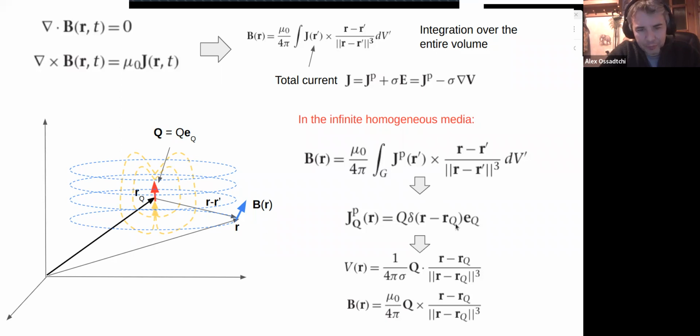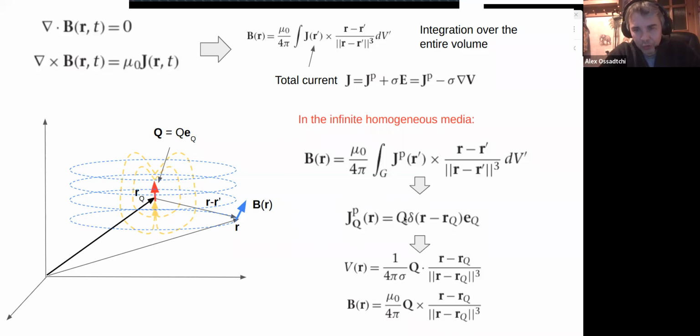So it has to be RQ here, not R prime now, but RQ. And your primary current is not in this volume, but in this single, well-defined point with coordinates RQ.